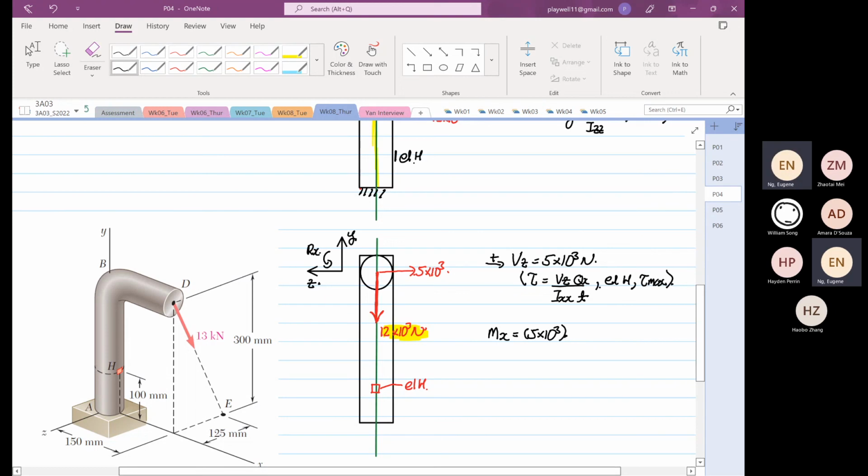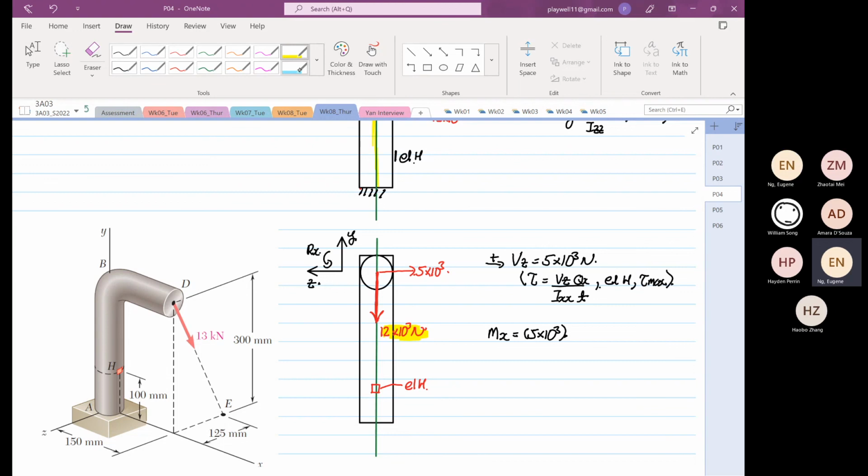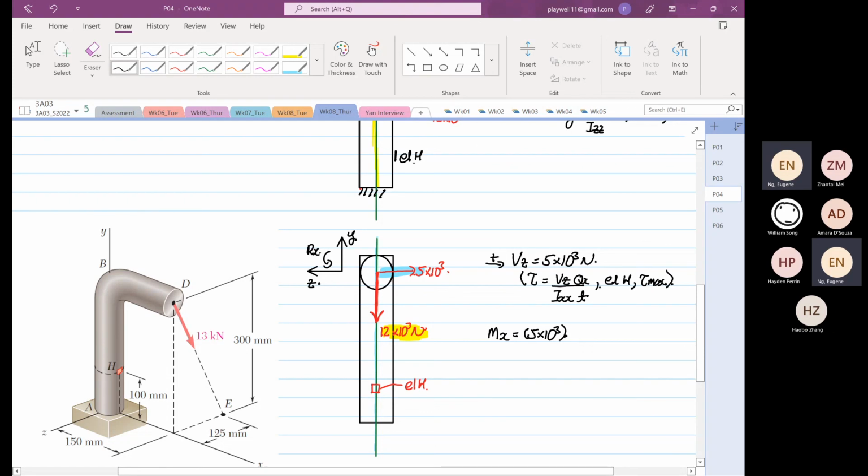Now the perpendicular distance is towards the element because the force is perpendicular to the neutral axis. So the measurement is taken to the element, which is equal to 0.3 minus 0.1.